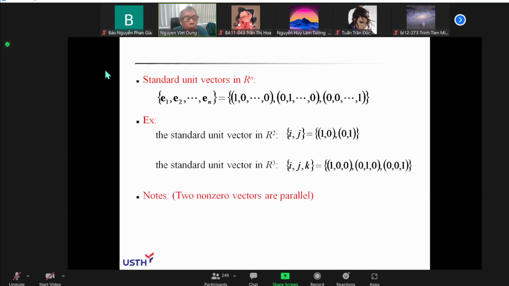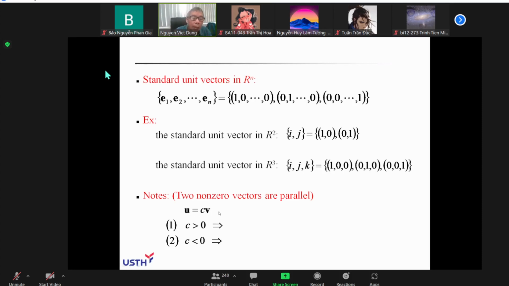Now I want to tell you about the case of two vectors which are parallel to each other, and I assume that the two vectors are non-zero. In that case, two non-zero vectors are parallel if and only if they can be written in the form u equals c times v.